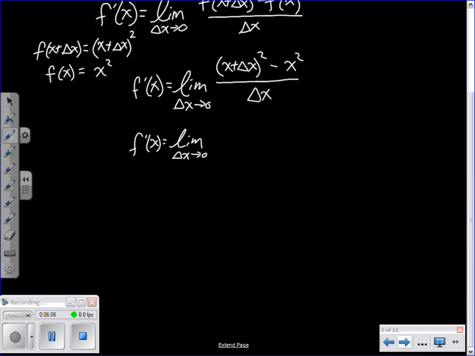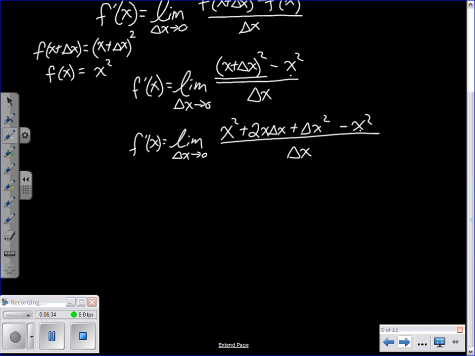However you want to do it, it's totally fine. But what you're going to get when you expand x plus delta x squared is x squared plus 2x delta x plus delta x squared, minus x squared, divided by delta x. So the x squared stays, and my expanded form of x plus delta x quantity squared is x squared plus 2x delta x plus delta x squared.